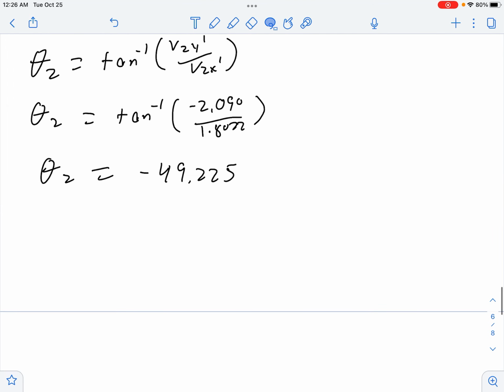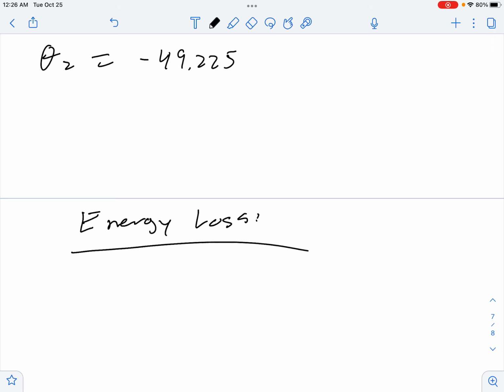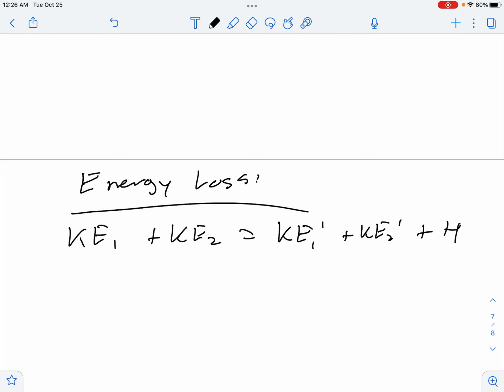So anyway, if we consider the energy loss now, this is why we can't apply conservation of kinetic energy, because we lose some kinetic energy. KE1 plus KE2 is equal to KE1 final plus KE2 final. If we plug in our numbers, it's not going to work out because there's some energy loss along the way.